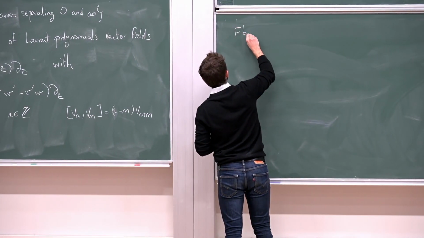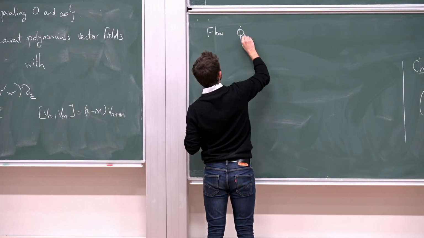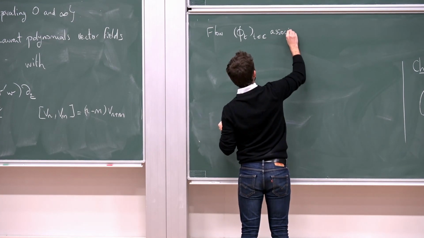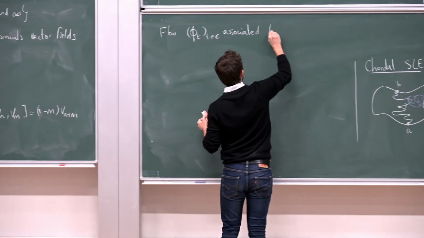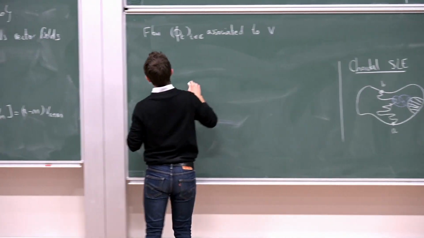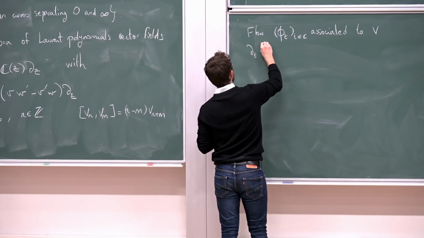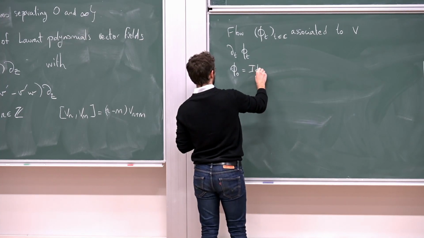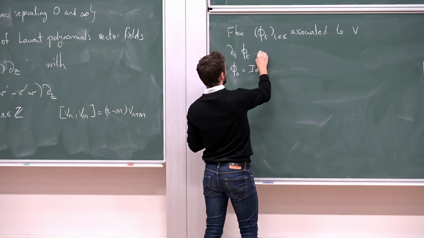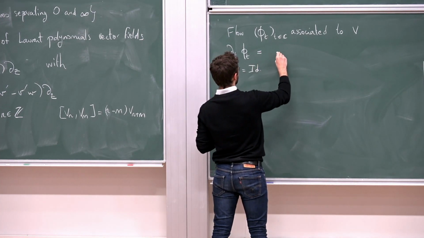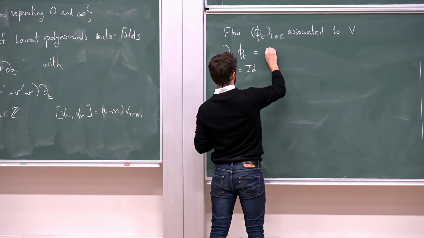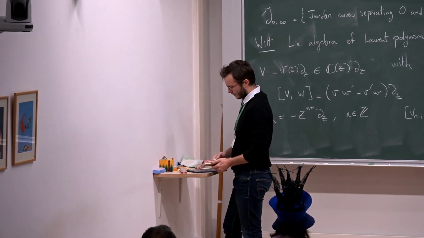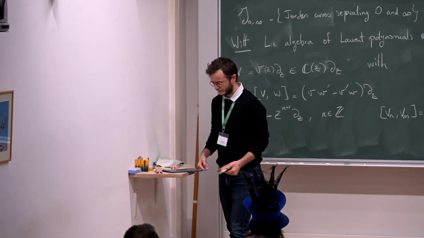So the flow phi t associated to V is simply defined as follows. At 0, I want it to be the identity, and the derivative of phi t is V of phi t.